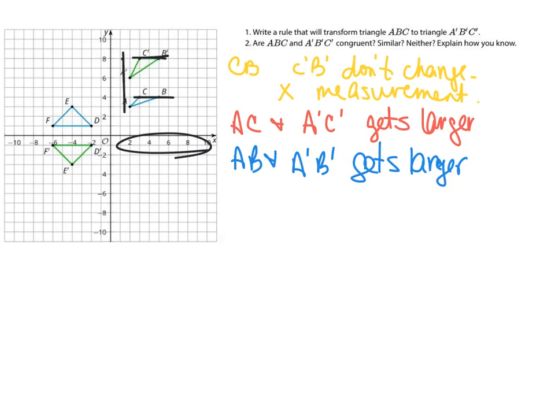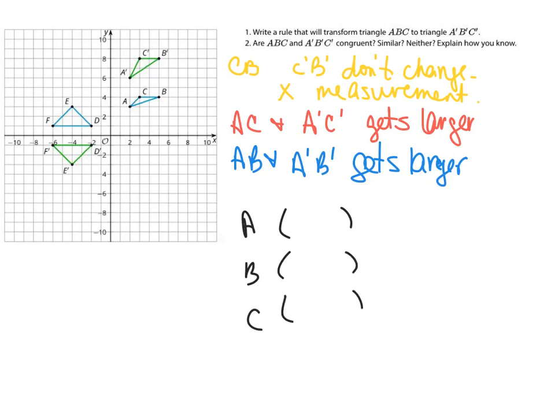But it looks like there's something going on in the y coordinate measurement. So as I practice doing this, it makes best sense for me to compare ordered pairs. If we look at the points, A is over 2 up 3, B is over 5 up 4, and C is over 3 up 4.